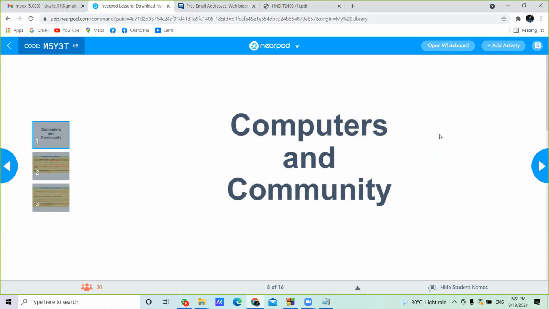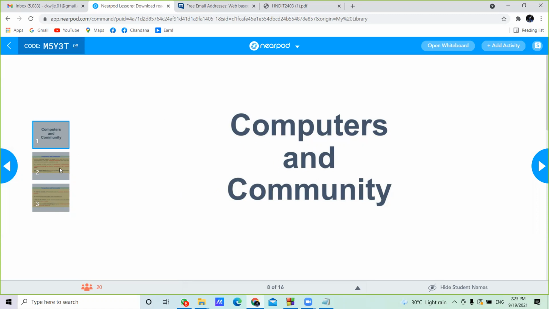Community means society. There are various types of relationships, such as customer-client relationships or family relationships. All of these are rapidly changed because of this technology.